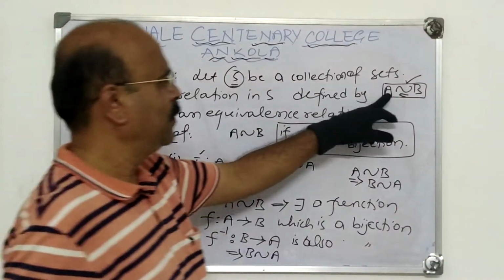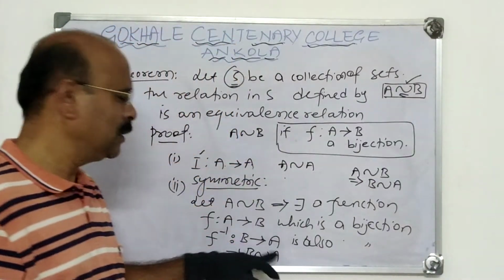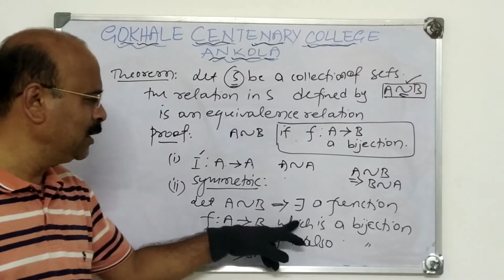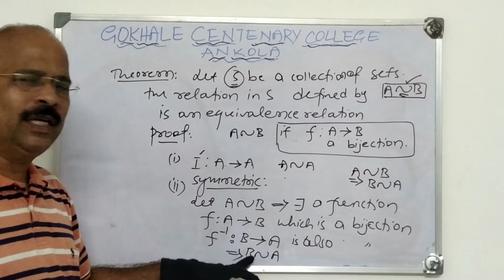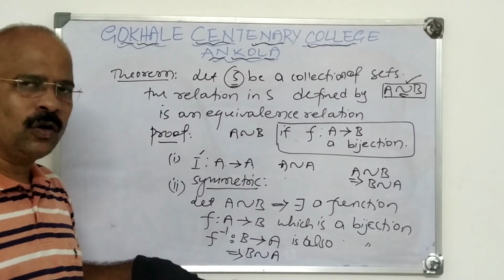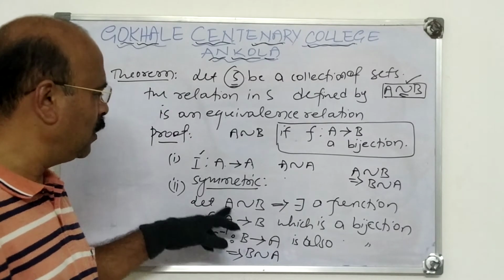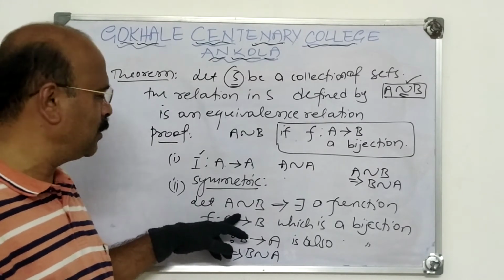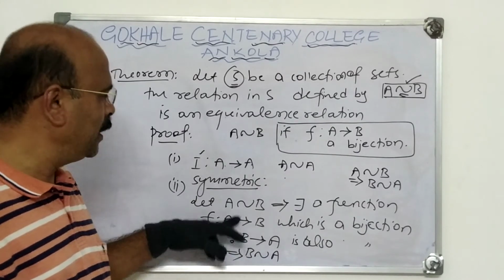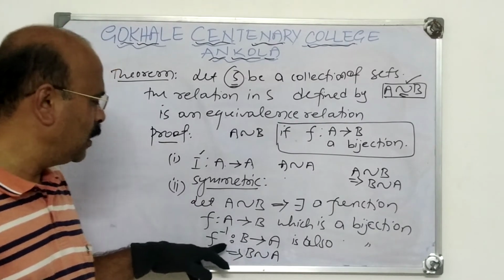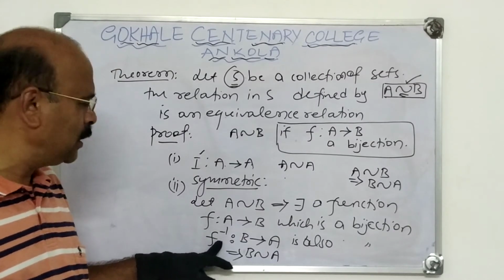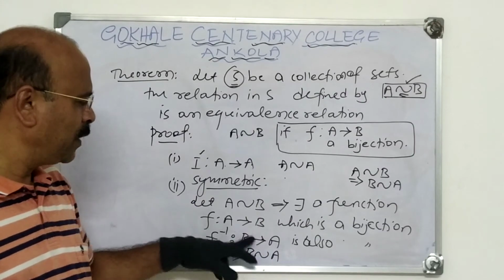So in this case also we have not proved that if f from A to B is a bijection, then f inverse from B to A is also a bijection. That is a different topic. Now in the first year semester B.Sc 1 in the new syllabus it is added, that is, functions are added, and we prove that if f from A to B is a bijection, then only f inverse exists, and f inverse is also a bijection.